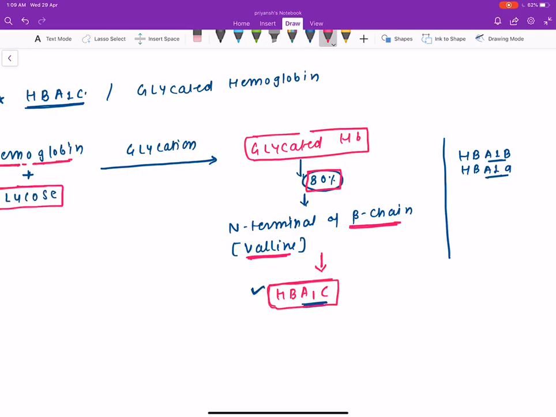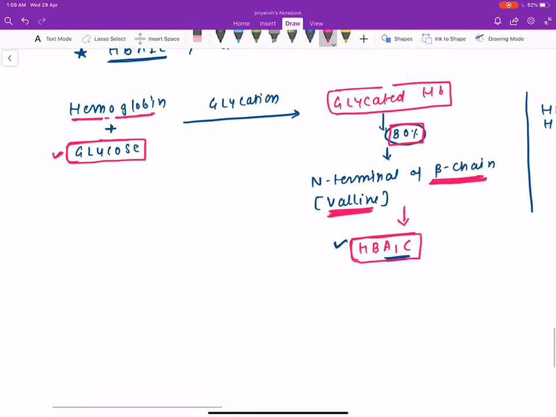It will attach on the last or terminal part of the beta chain where the valine amino acid is present. The glucose will attach there, and this is referred to as HbA1c. This entire reaction, where the glucose is attached on the valine amino acid, the last amino acid on the beta chain, is called the Maillard reaction.